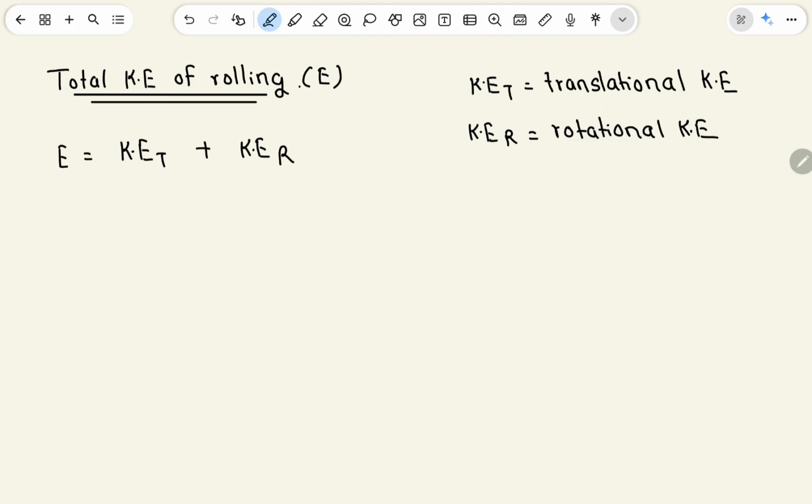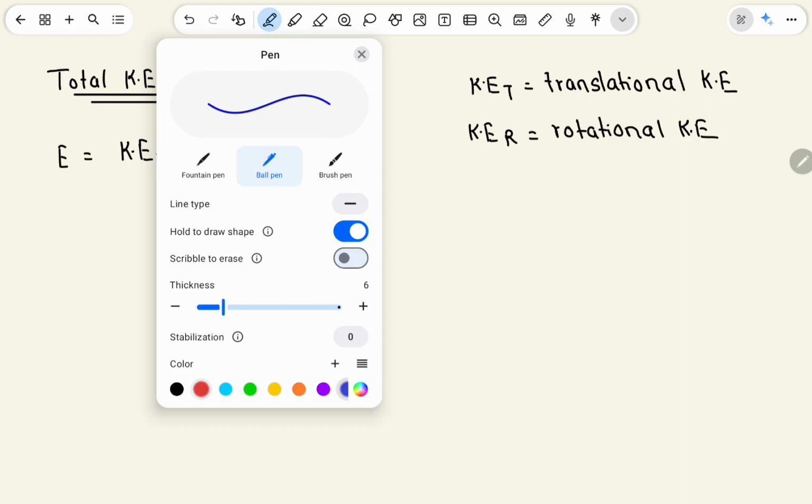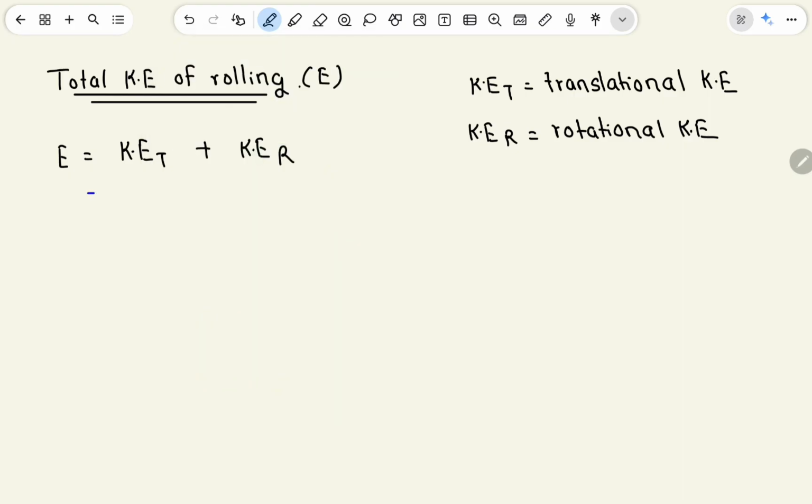Now, an important point in rolling motion is the total kinetic energy of rolling motion. As we have defined rolling motion as a combination of translational motion and rotational motion, the total kinetic energy of rolling motion is the kinetic energy of translation plus the kinetic energy of rotation. Now, we know that kinetic energy of translation is half m v square, and kinetic energy of rotation is half I omega square.